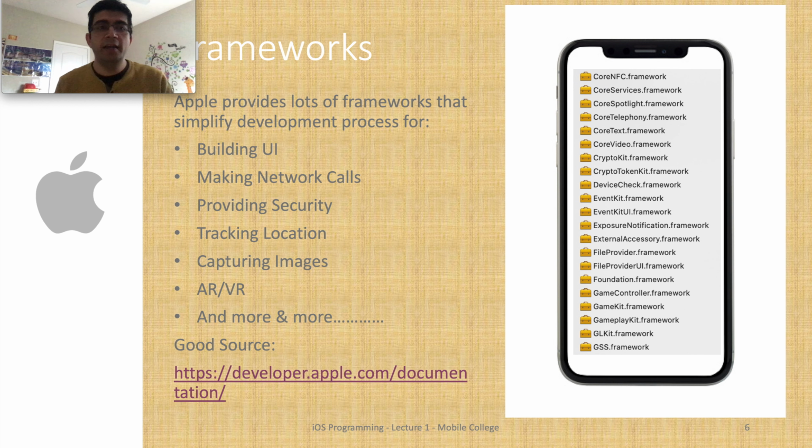I'm talking about ABI stability, and I will not dig deep into that as part of this lecture, but the gist is, if you have written code yesterday for Swift and a new version came today, let's say the next version of Swift is Swift 6, then it will be compatible. You will not have to worry about making code changes to have your code compiled, though certain changes will be encouraged because there will be older APIs which will be deprecated, but still your code can compile and then you will have time to actually make those changes.